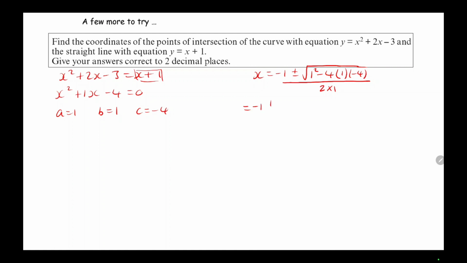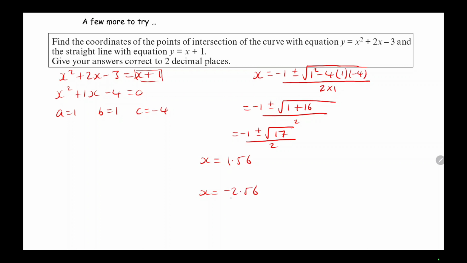This gives us minus 1 plus or minus the square root of 1 plus, because we've got a positive and a negative, 4 times 4, which is 16, all over 2, which gives us minus 1 plus or minus root 17 over 2. We can then put these into our calculator to get our 2 solutions, which are 1.56 and minus 2.56.